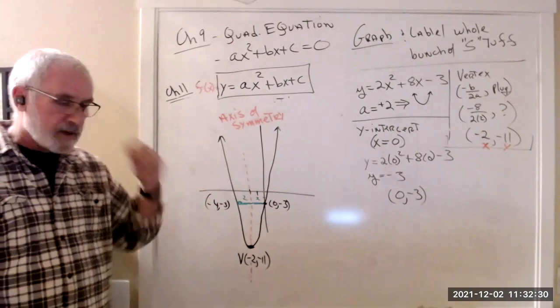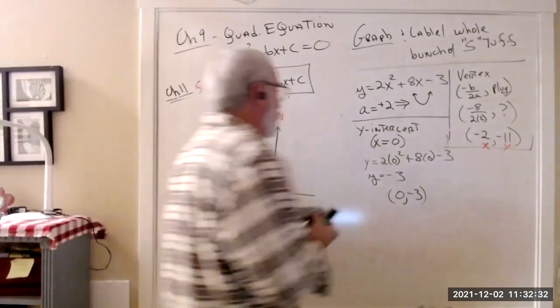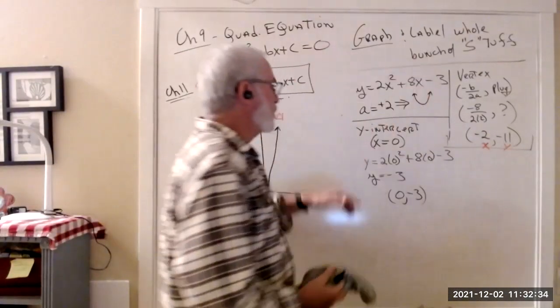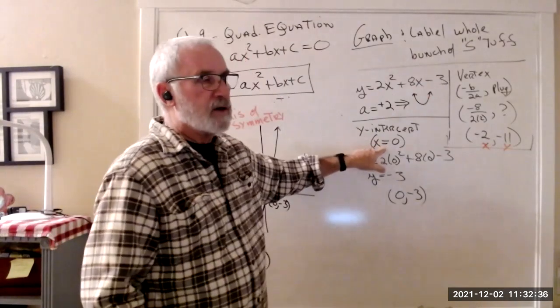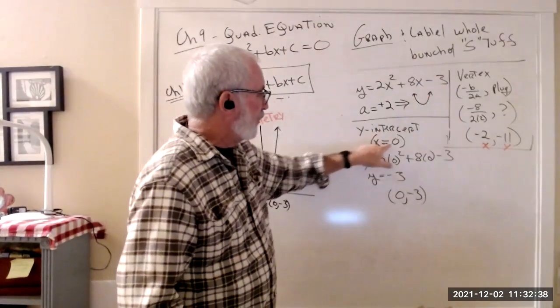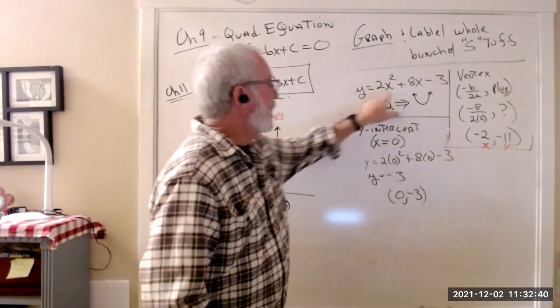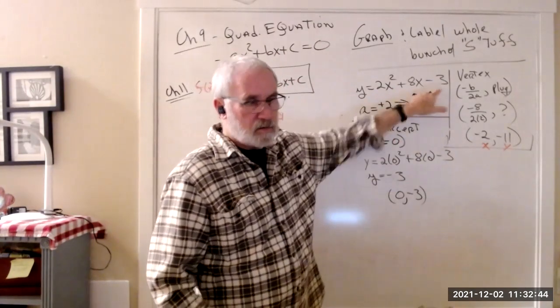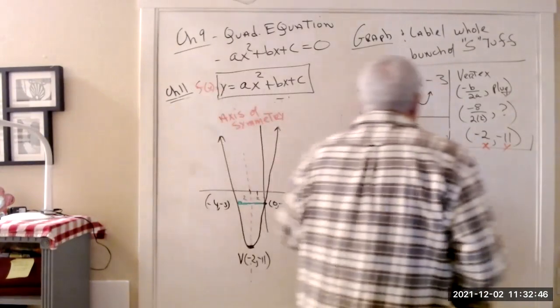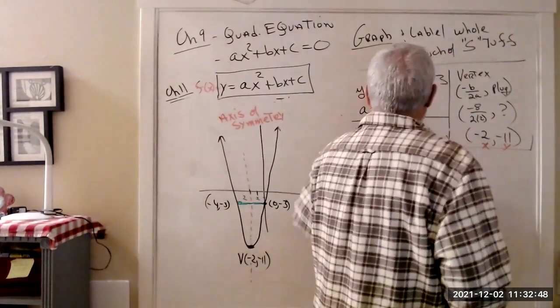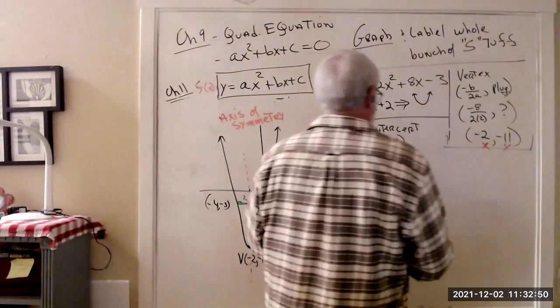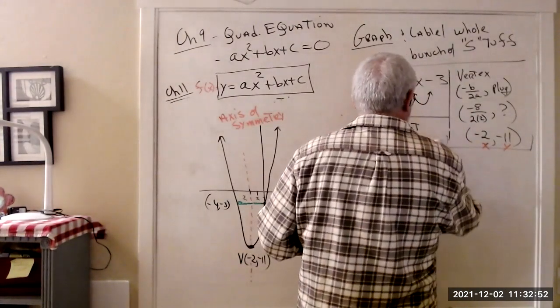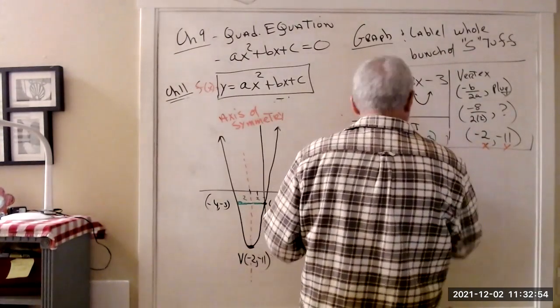Okay, here we go. The y-intercept was calculated by setting x equal to 0, plugging it in, doing arithmetic. The y-intercept turned out to be (0, -3).